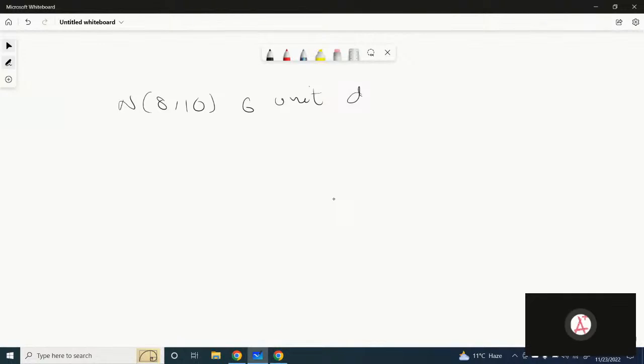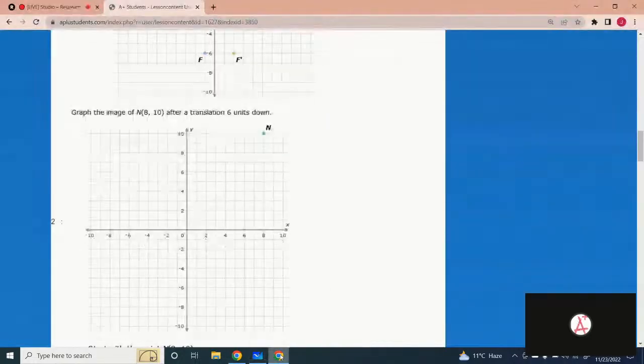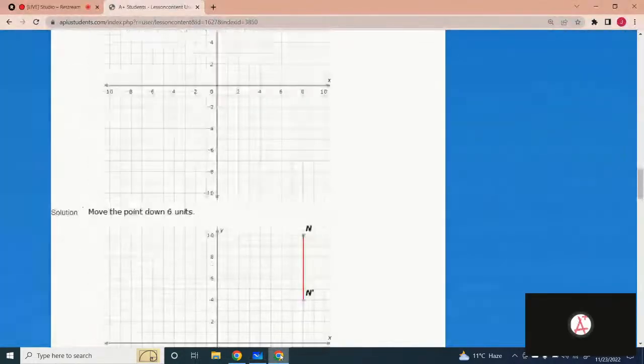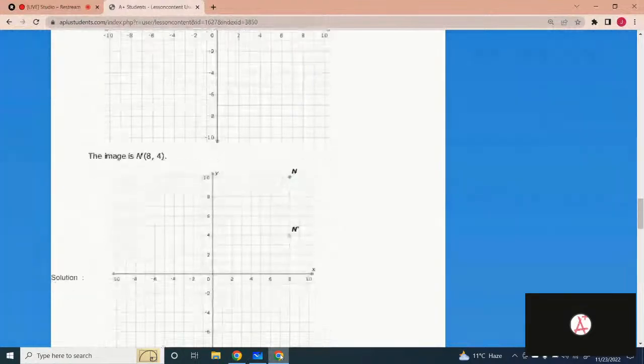When you move down, you subtract from the y-coordinate. So it would be 10 minus 6, which is 4. That means the translated coordinates are 8 and 4. Got it?